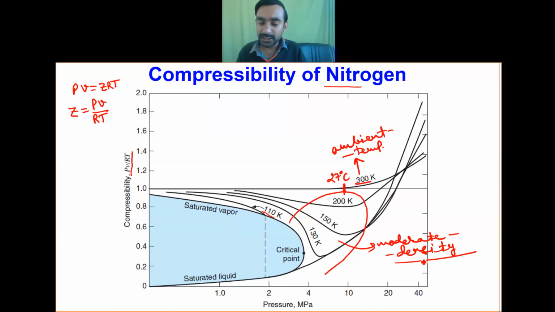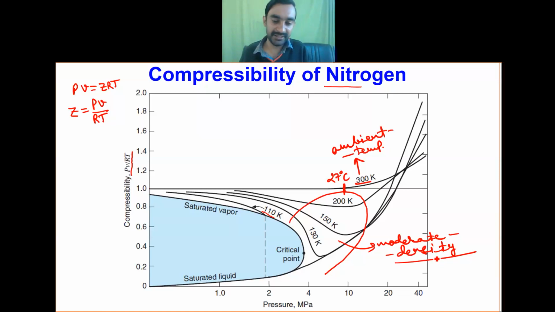Because of that, molecules will be at a sufficient distance from each other so that they can experience attraction forces. Okay, so if molecules are experiencing attraction forces, they will occupy less volume than the ideal behavior, because in the case of an ideal gas there should not be any molecular interactions. But over here, close to this critical point, we have moderate density.